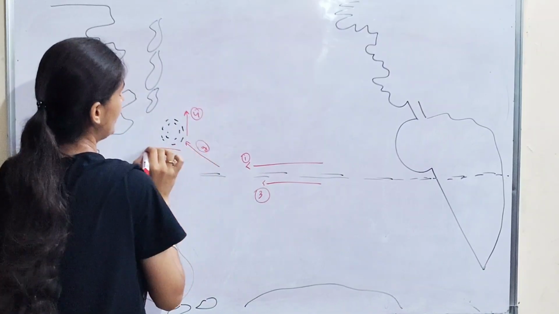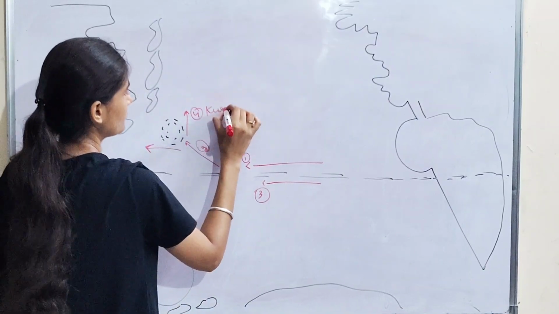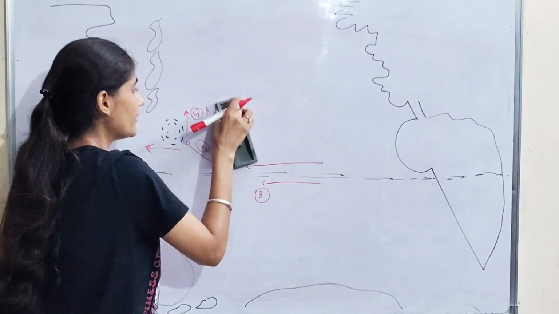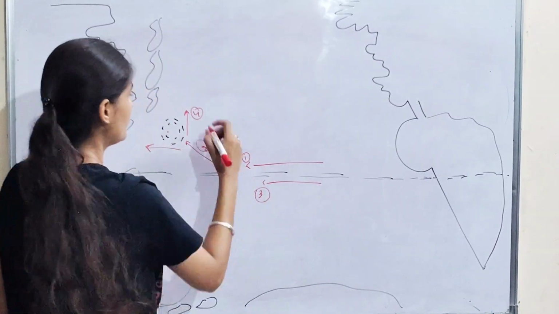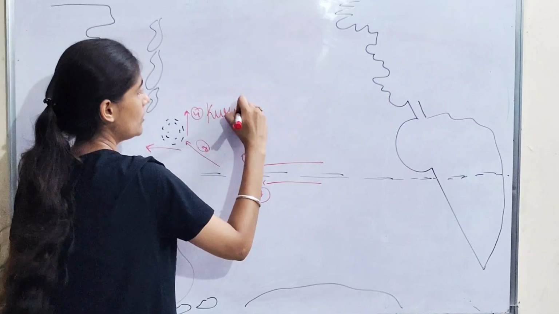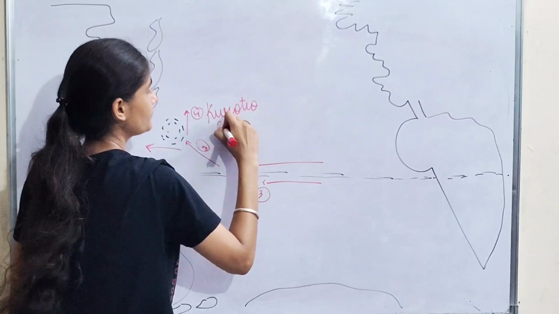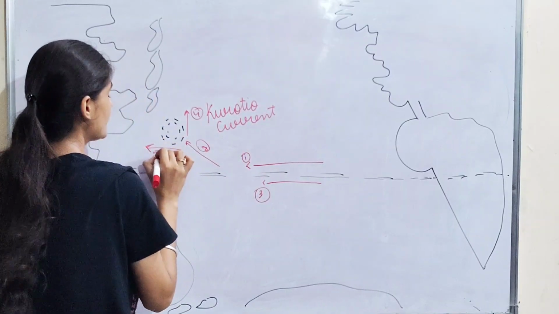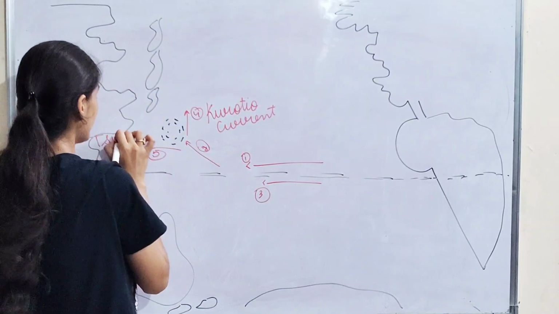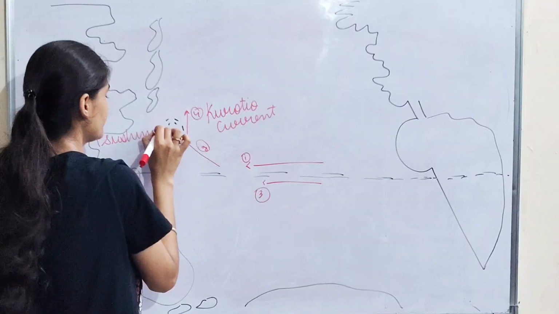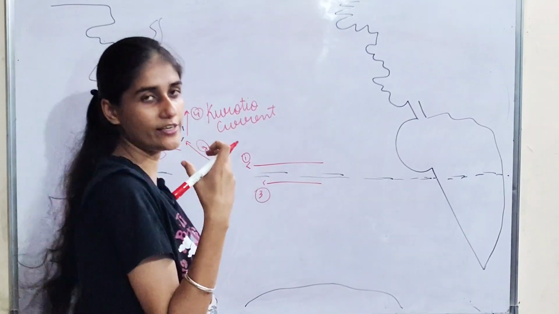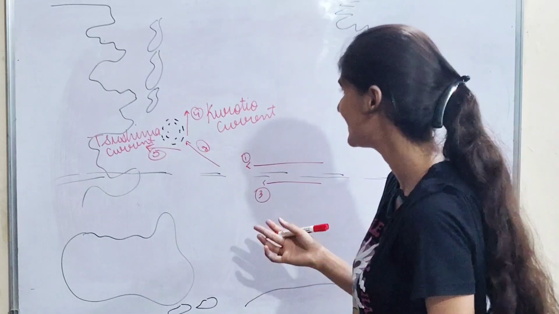Fourth is Kuroshio Current. And fifth is Tsushima Current. Not that eating sushi, it's Tsushima Current.